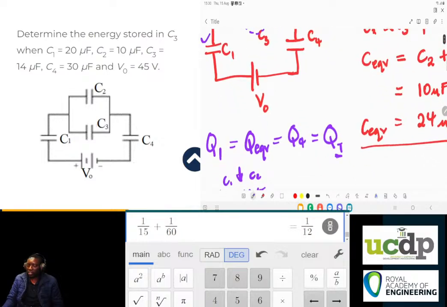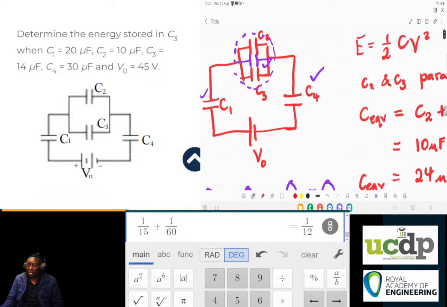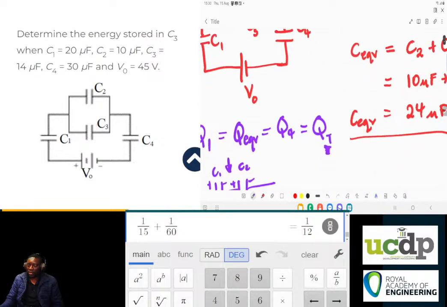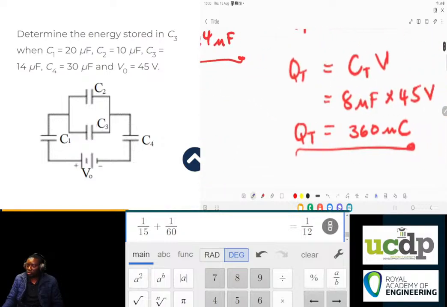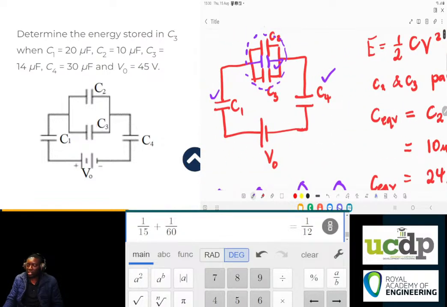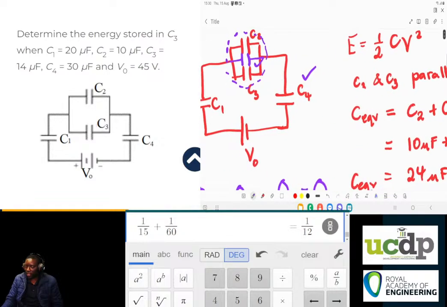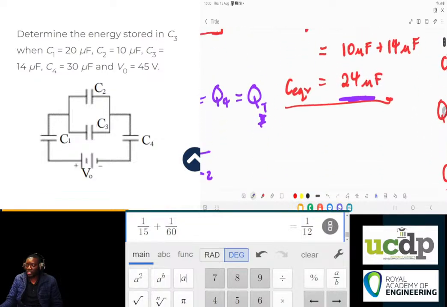The charge on C4 is equal to the total charge, and the charge on the equivalent capacitance, the two parallel capacitors, will also be equal to the total charge. So now that we have found this total charge, it is the same total charge that is on these capacitors. Because we found the total capacitance after adding the parallel capacitors, it is 24 for that equivalent capacitance.